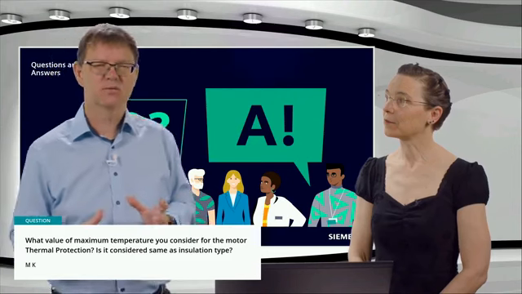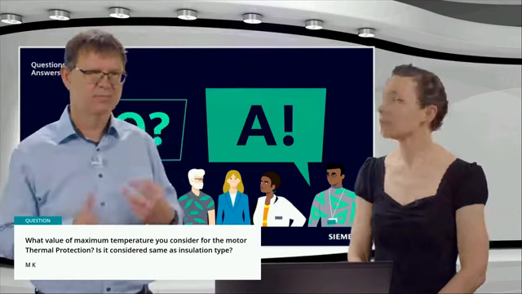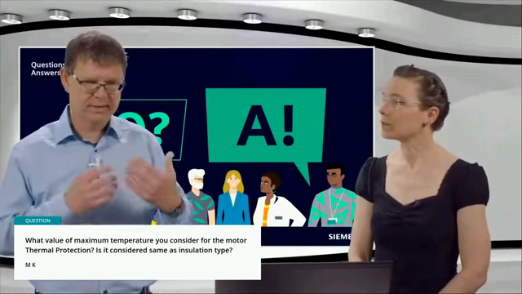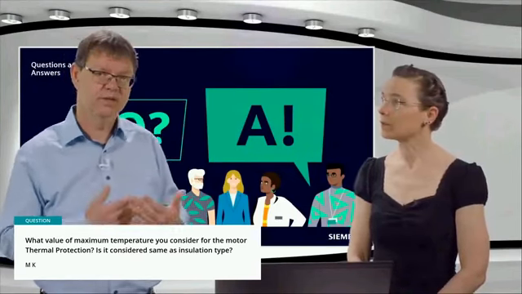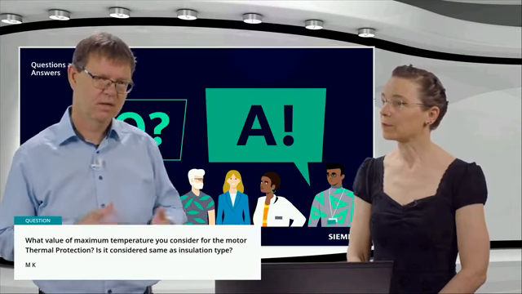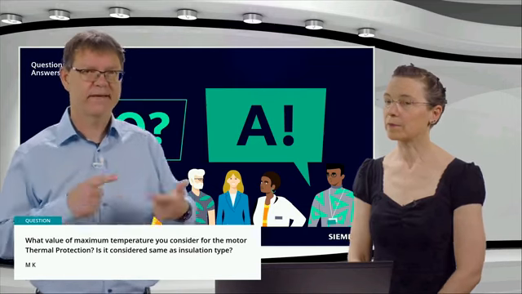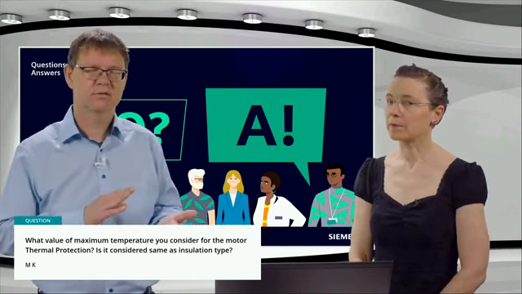There I made a reference to this insulation type. Often you have this F or B class, and also another value which we need, the temperature rise under nominal conditions. From these we can calculate the allowed over temperature, or this K factor for the stator.